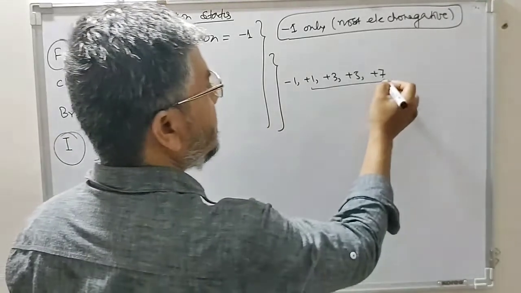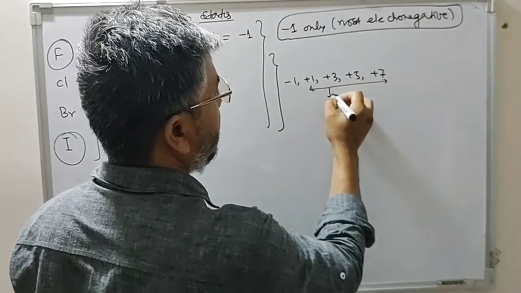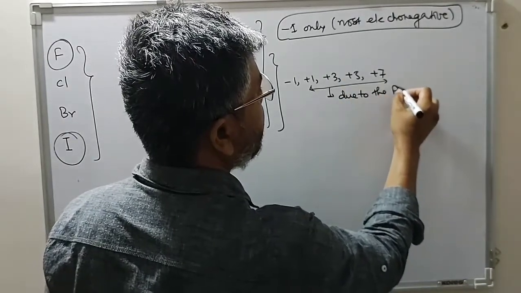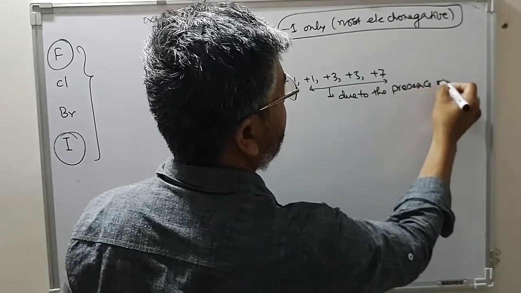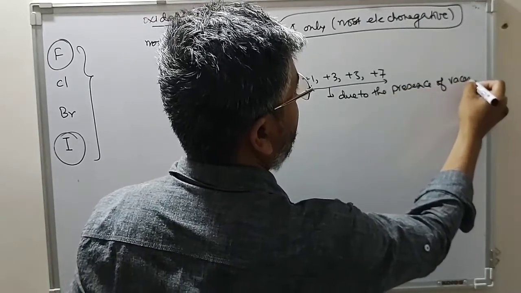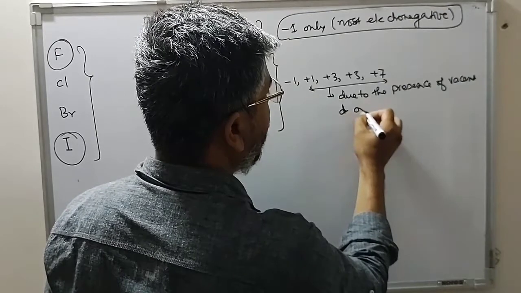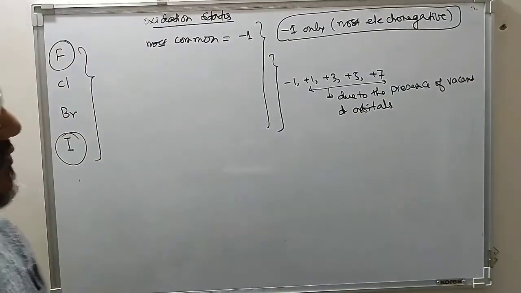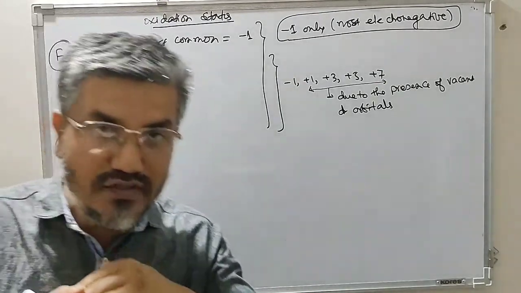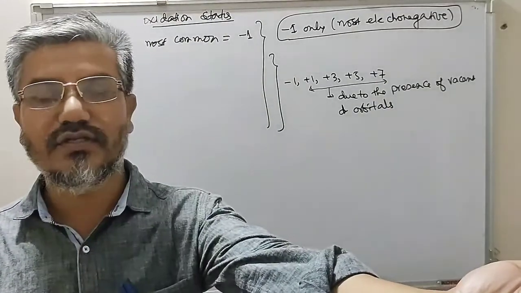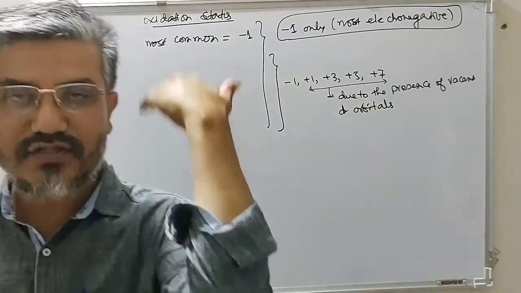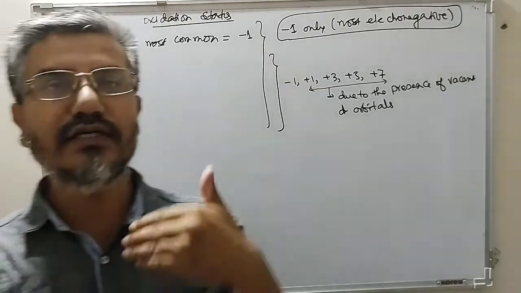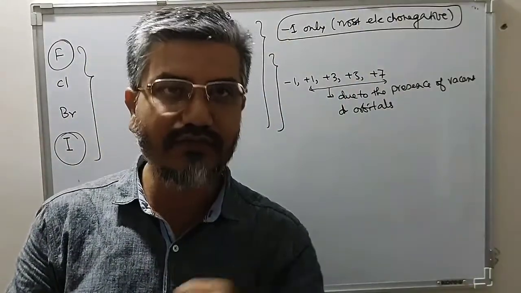This is due to the presence of vacant d orbitals. Due to the presence of vacant d orbitals, electrons can be excited to the d orbital. As the electron is excited to a vacant d orbital, during hybridization the d orbital can also be involved.